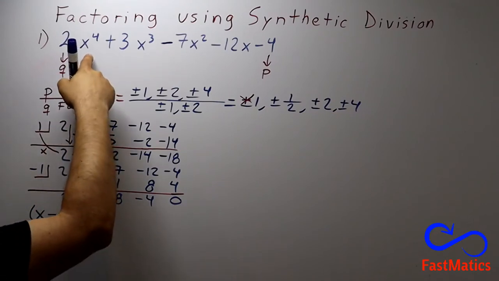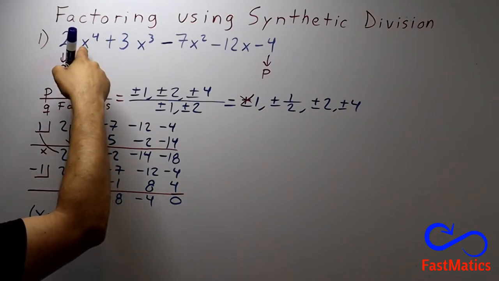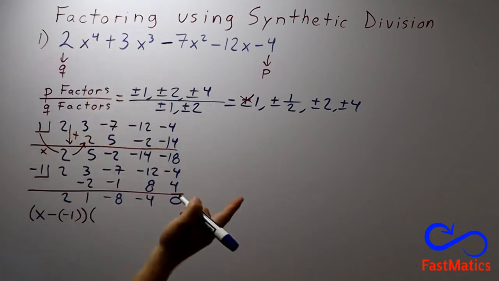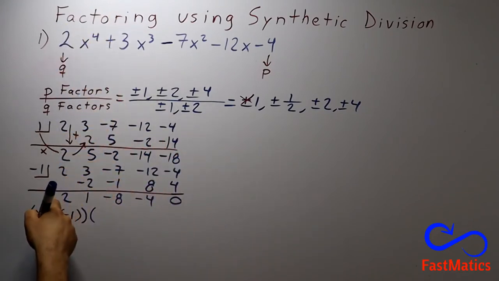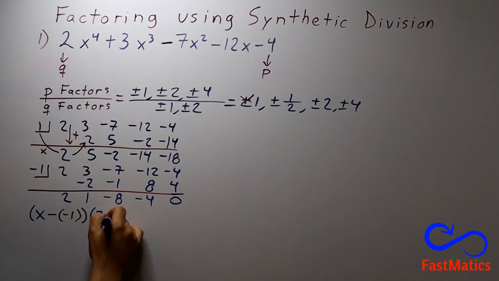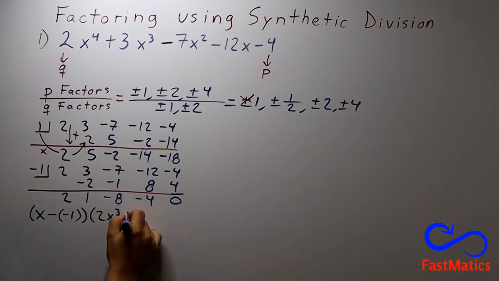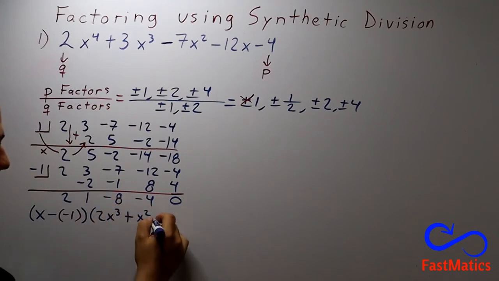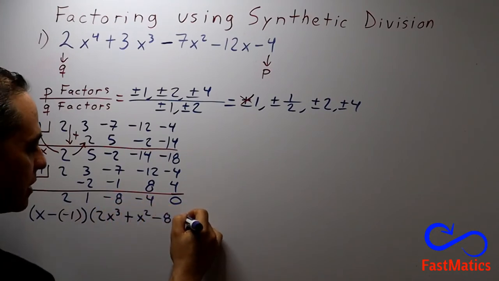But if before we had x to the 4th power, now we are going to write this coefficient with x to the 3rd power. 2x to the 3rd power plus 1x to the 2nd power minus 8x to the 1st power, and finally minus 4.